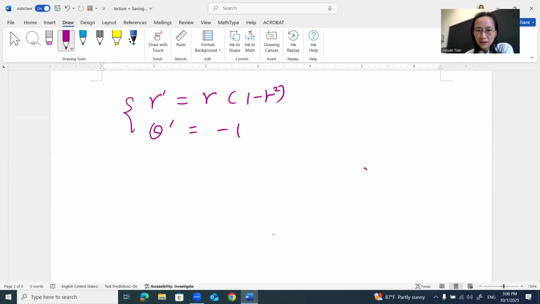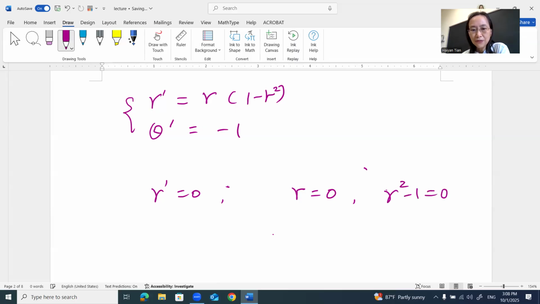Well, actually for r, for the first equation, if we let the r derivative be 0, then we can find some constant solutions. r has to be 0 or r squared minus 1 is 0.